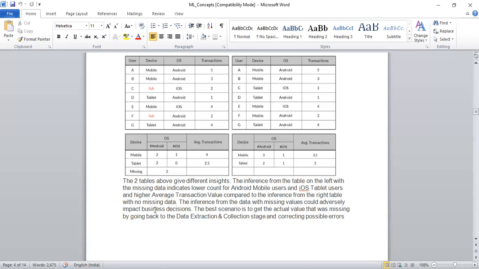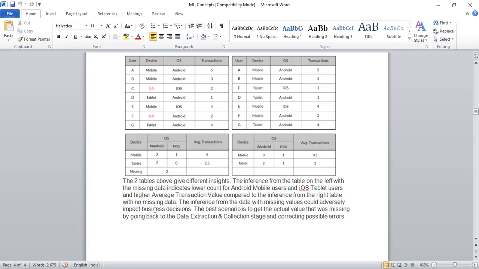So look, 5 plus 3 plus 4 by 3, that is 4. And then look at the tablet transactions, 1 and 4. 4 plus 1 by 2, that is 2.5 transactions. Have you understood how we compute these average transactions?